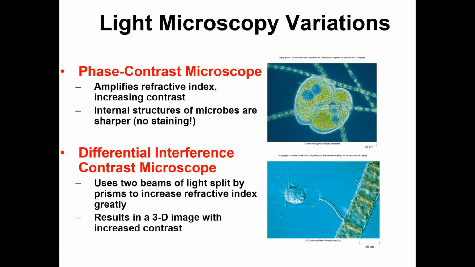Alright, so what if you don't want to kill your specimen? What if you have a low contrast specimen that has features inside of it that you want to see? Because if you do a normal specimen where we go through some sort of staining procedure, one, you're going to have to kill the cell, and two, by staining it, you're going to ruin these little features. You won't be able to see them.